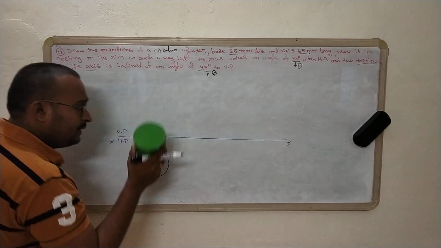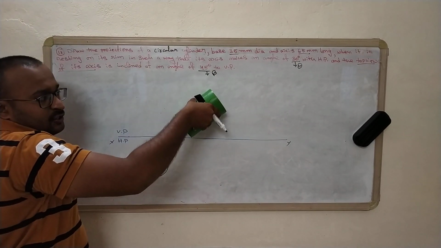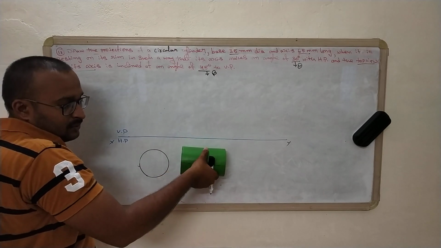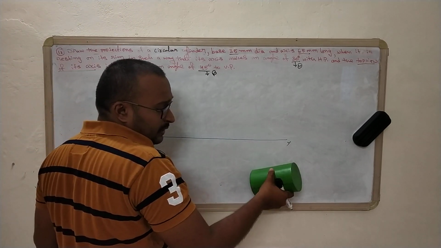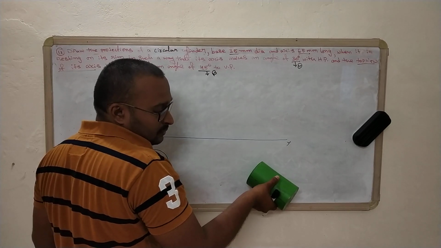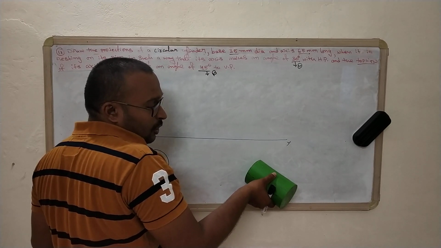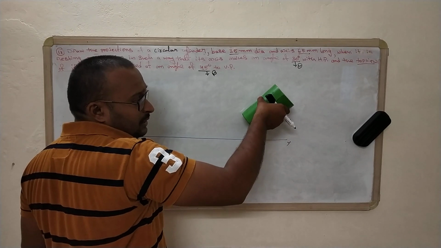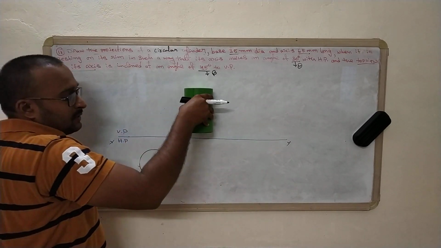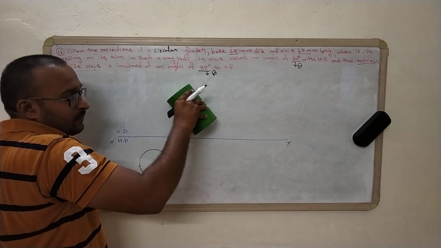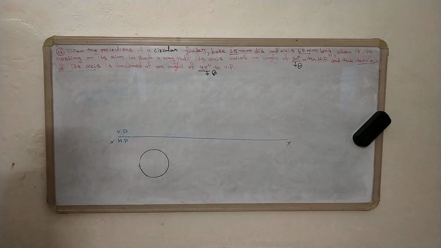So first stage top view, second stage top view, third stage top view, and then third stage front view. You can rotate either this way or this way. You can choose any one way.